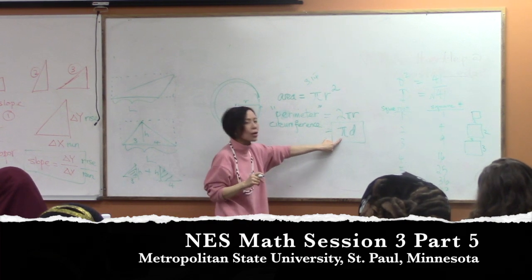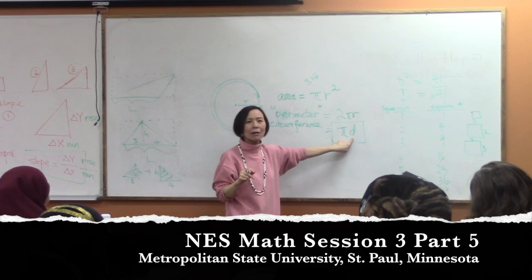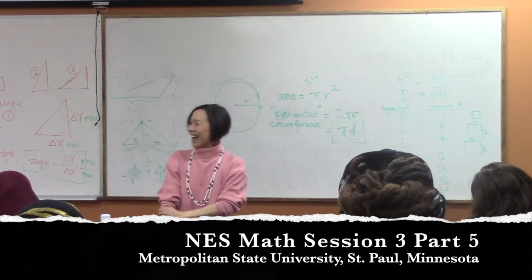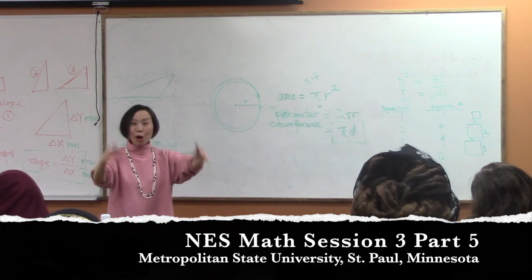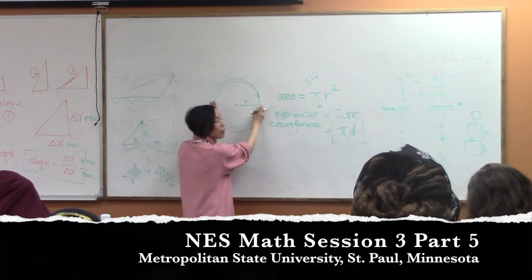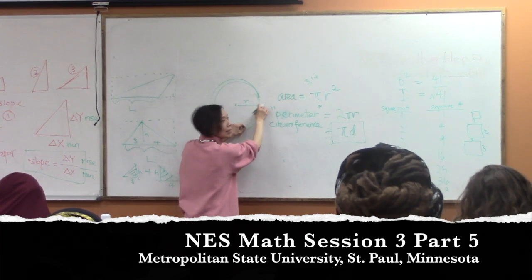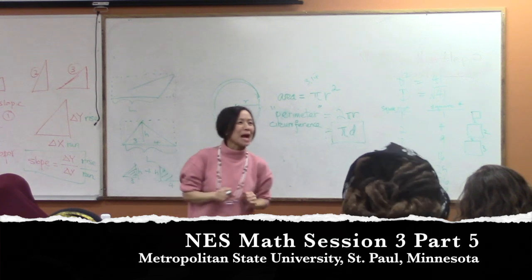It is always 3 times the diameter. Try it. Go home, measure a circle in the middle, measure that, and go around. It will be a little bit over 3 times.